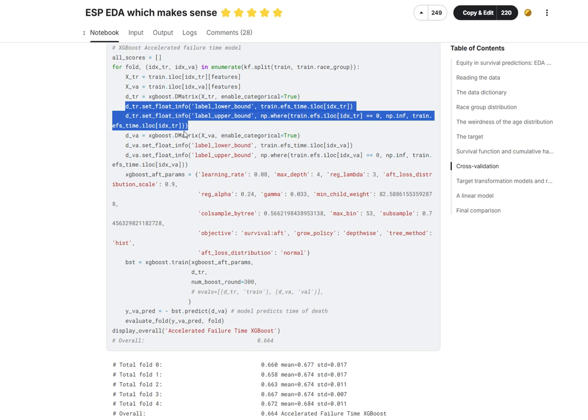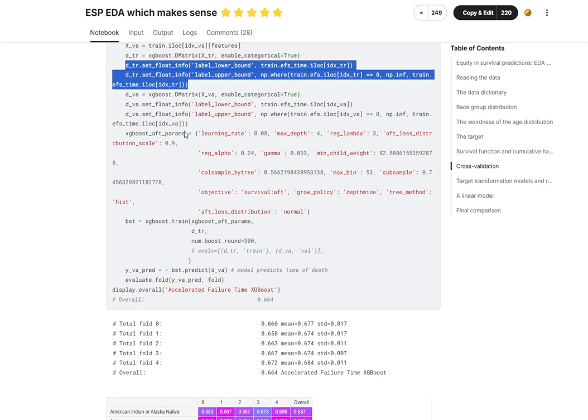For events, fs equals 1, the lower and upper bounds are both set to fs time. For censored data, fs equals 0, the lower bound is fs time, and the upper bound is set to infinity, np.inf. This tells the model that the true survival time is somewhere between fs time and infinity. The model predicts the time of death, and it is negated to be used with the evaluate fold function.